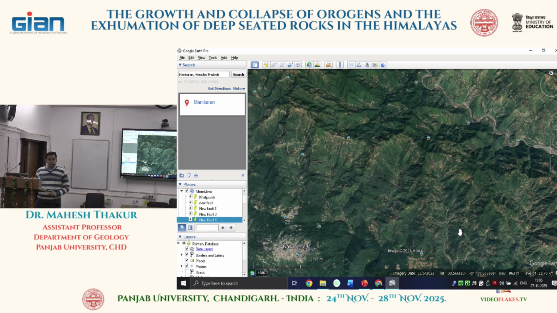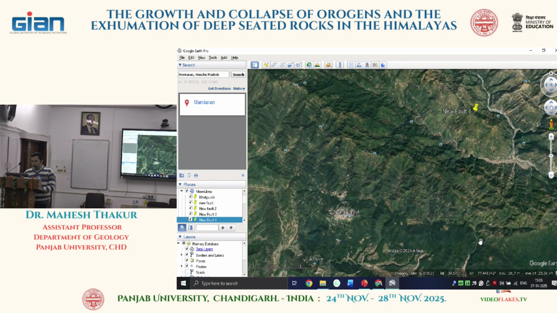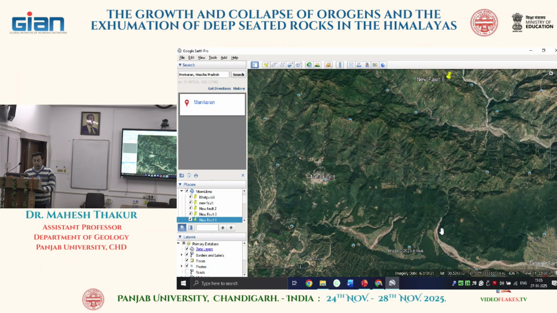But as it crosses this zone, it starts meandering. So these are all things that can be worked out, to see how these basins are working, how the lithology is playing a control, and how the tectonics is working in this area.